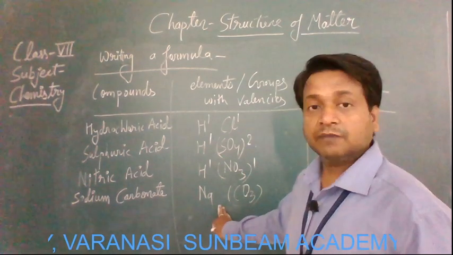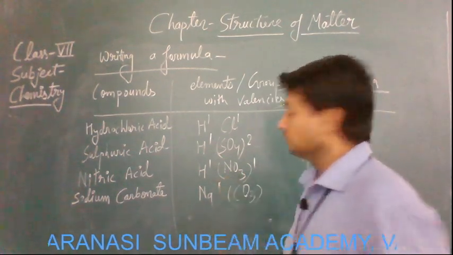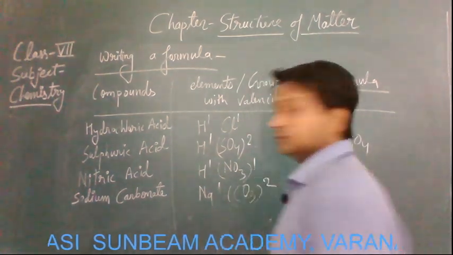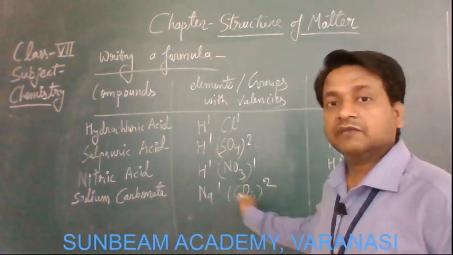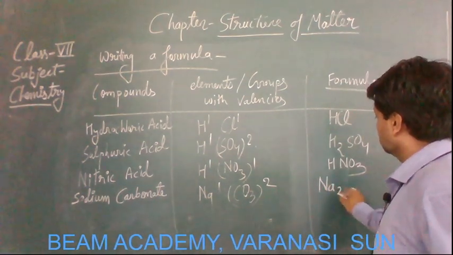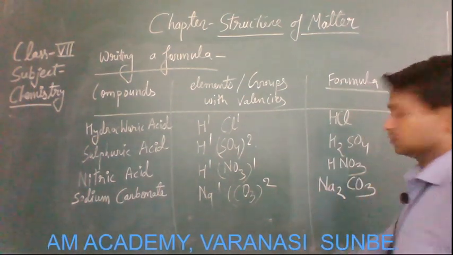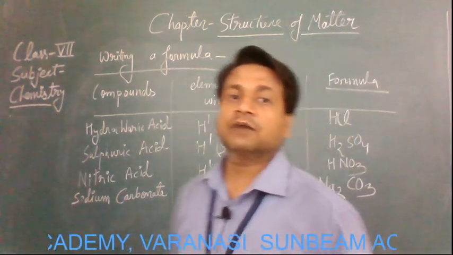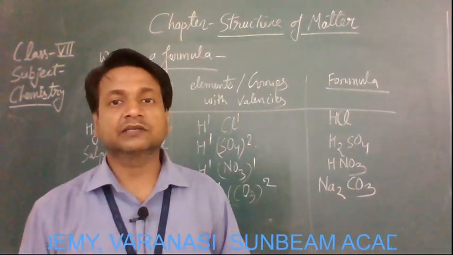So the valency of sodium is 1 and the valency of carbonate is 2. Exchange the valency, we will get the formula Na2CO3. So this is the formula of sodium carbonate.